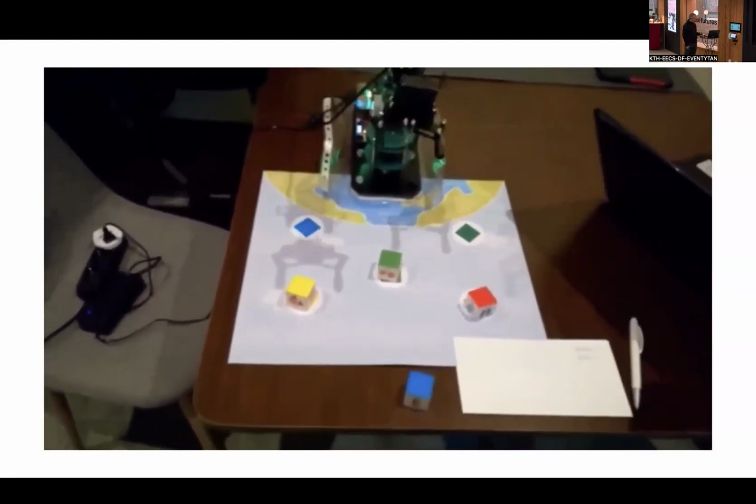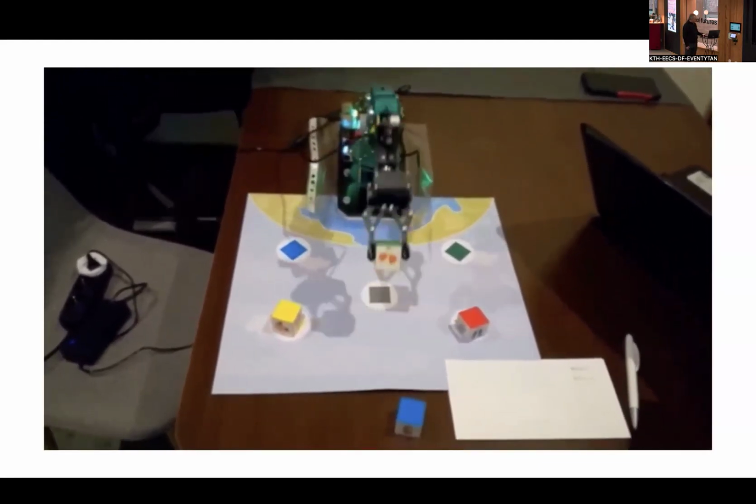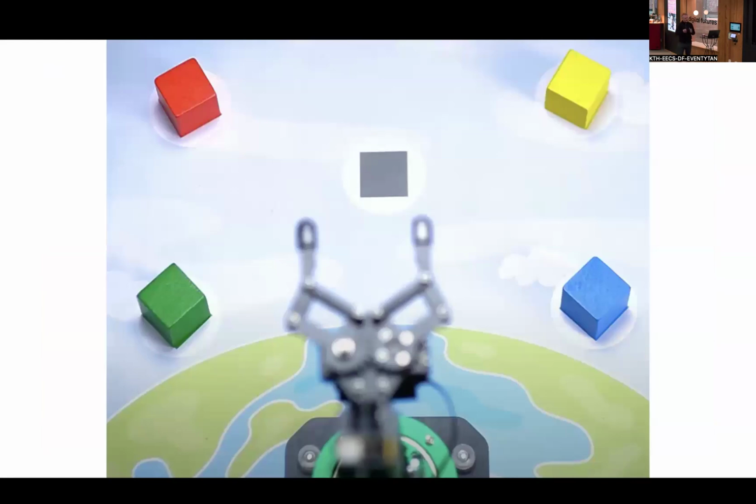So this robot that's possible to buy has some kind of vision ability. And it has some kind of location detection ability and color detection. We have talked a lot about match-to-sample experiments.